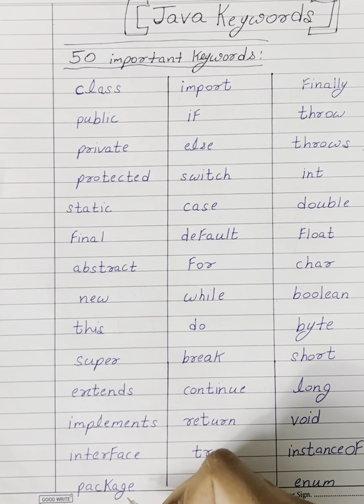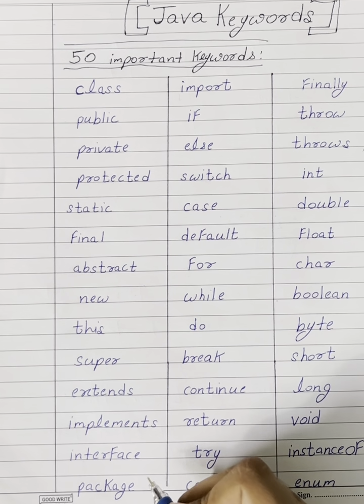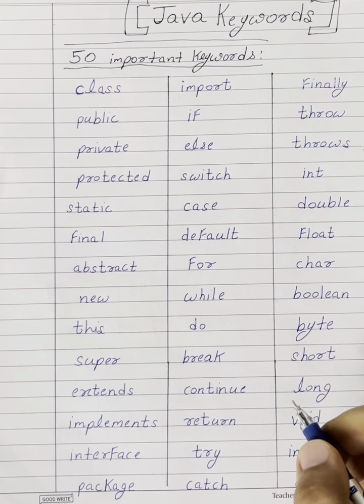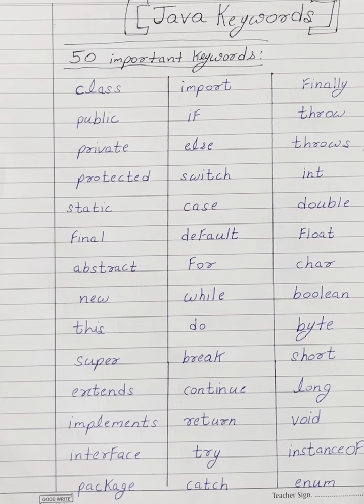So next is package keyword. This package keyword is used to organize related classes, interfaces, enumerations, and other Java components into a logical group. And guys, remember that a package helps in avoiding naming conflicts by allowing classes with the same name to exist in different packages.